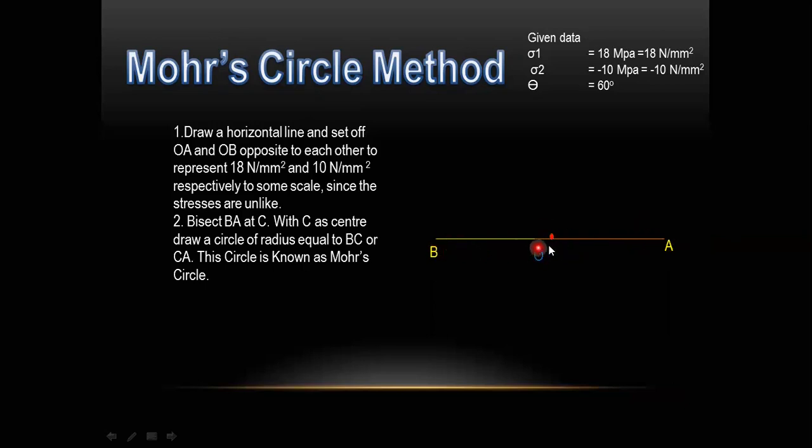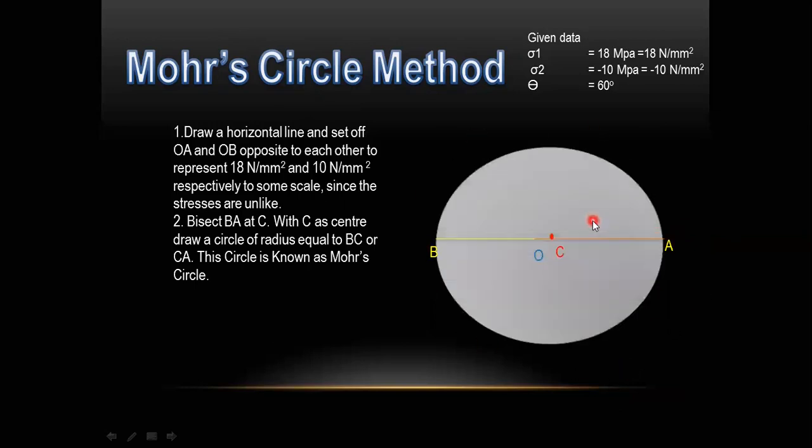Take the center of the AB line, this point, and name it C. Now take the distance from C to A or C to B as the radius of the circle, and then draw the circle. This is the Mohr circle. This is the second step.